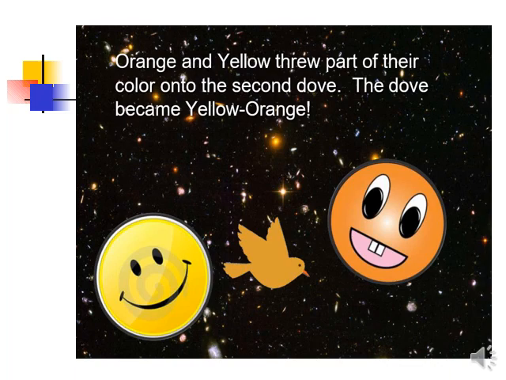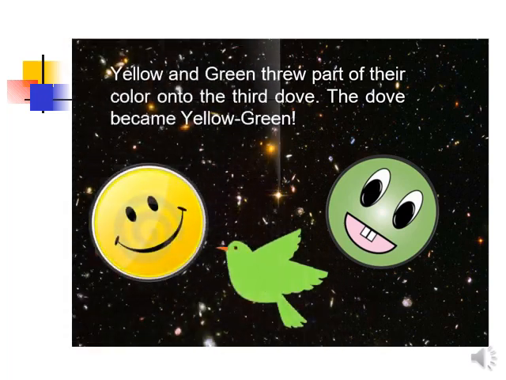The dove became yellow orange. Yellow and green threw part of their color onto the third dove. The dove became yellow green. So the meaning is when we mix yellow and green together, we have the color yellow green.